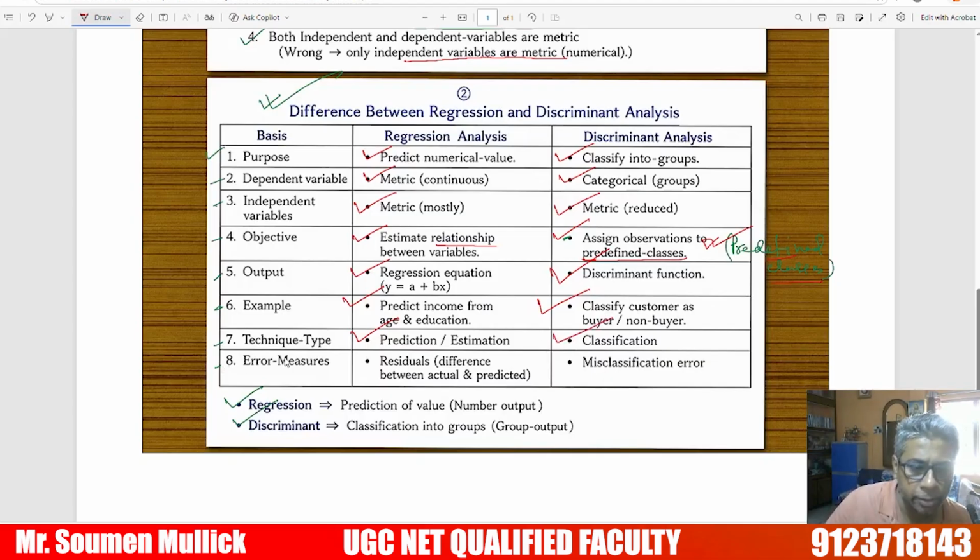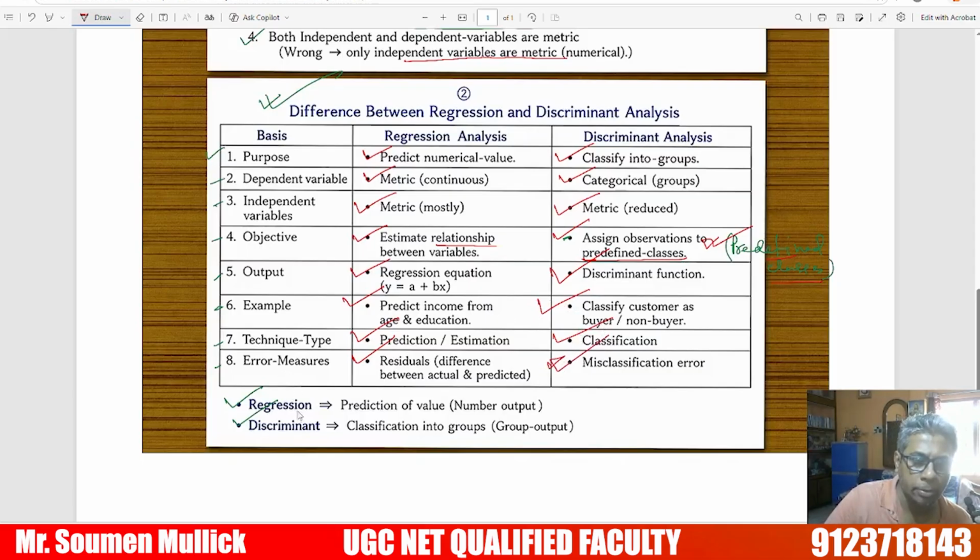What are the error measures? In the case of regression analysis, error is basically residuals, the difference between actual and predicted. In the case of discriminant analysis, error is basically misclassification.